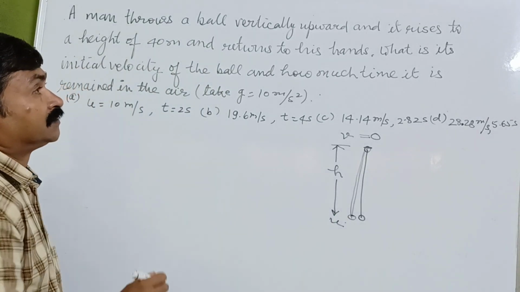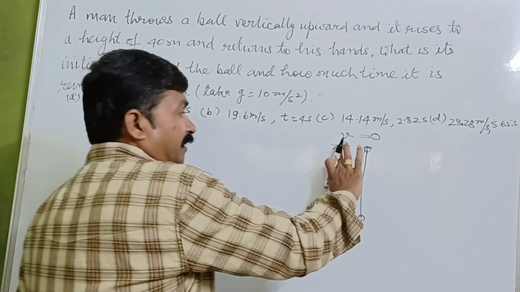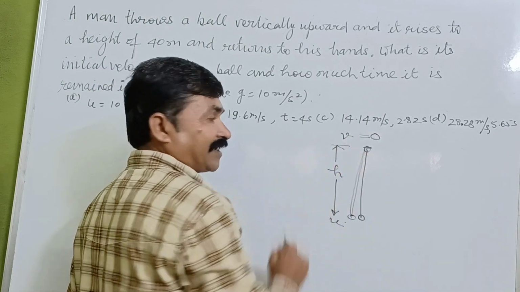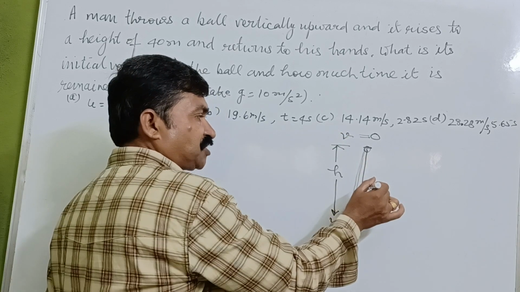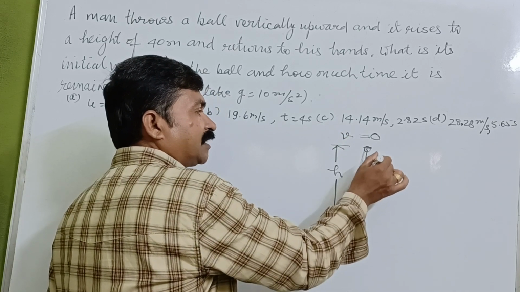Now here the height is given and gravity is working. The acceleration due to gravity works in this direction, and the ball is moving in this direction.